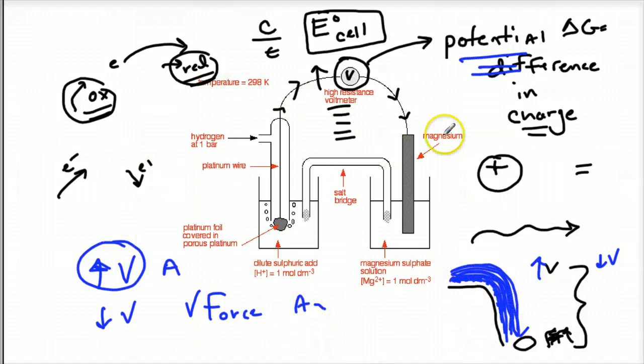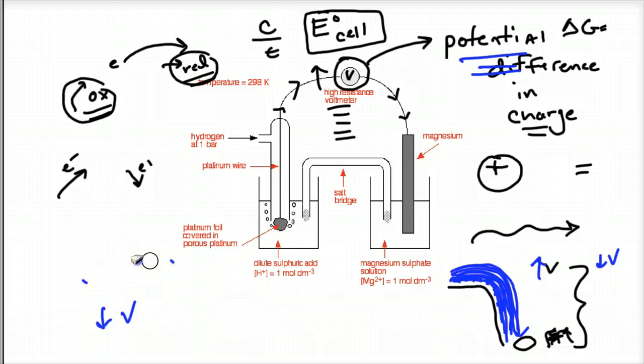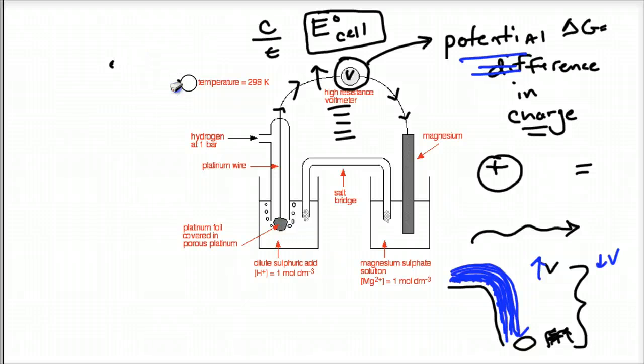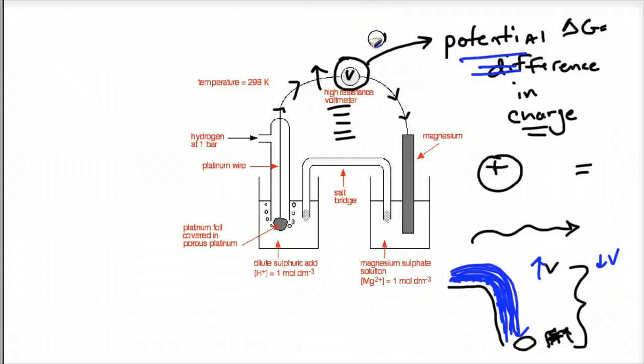In any case, moving forward, what I have here is something called a standard cell. And with this standard cell, I'm trying to measure the potential difference between individual objects that oxidize and individual objects that reduce.